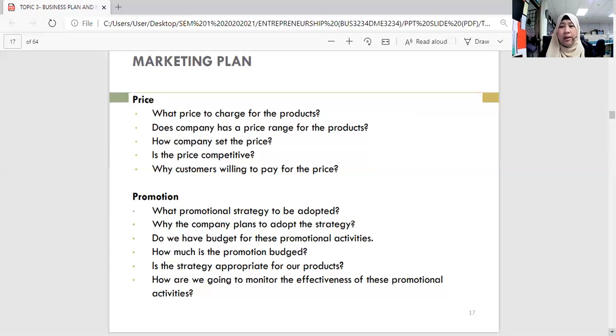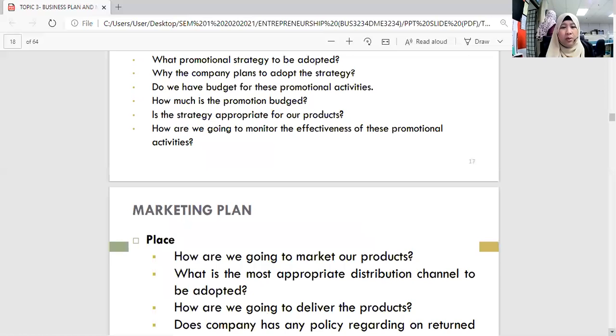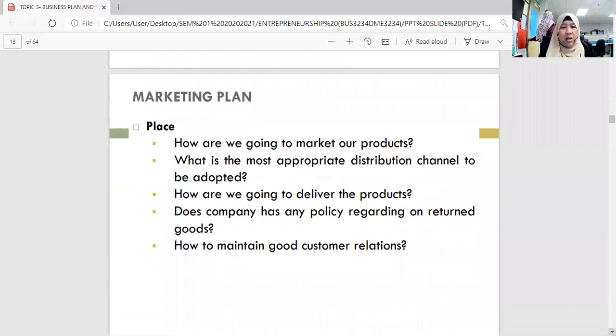All right, and then we also have place. How are we going to market our products? In terms of where is the place that we want to market our products, and what is the most appropriate distribution channel?